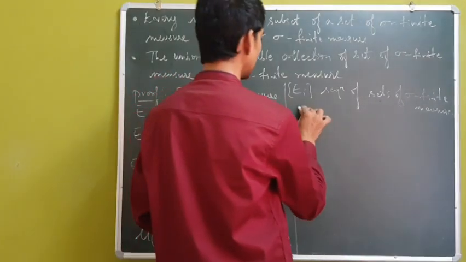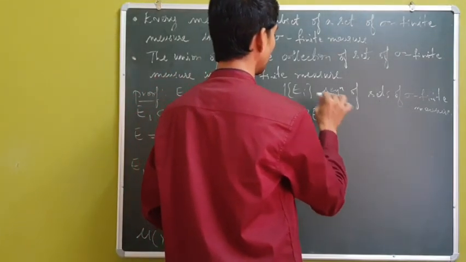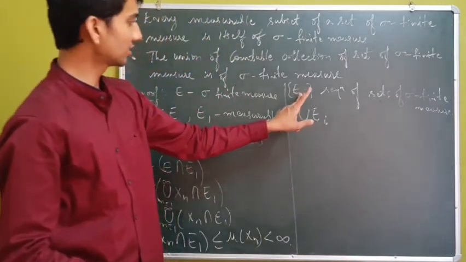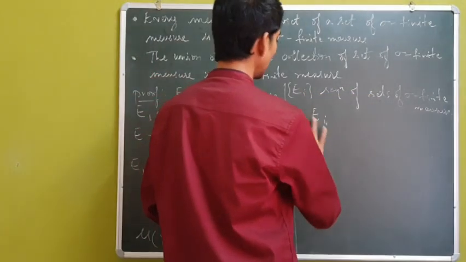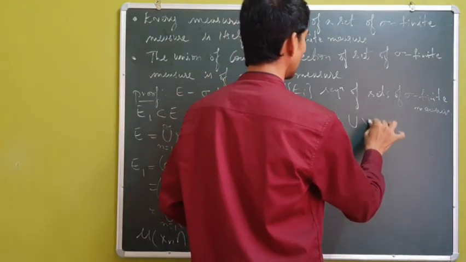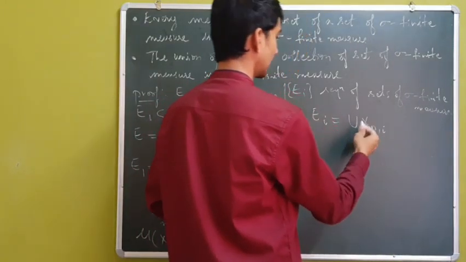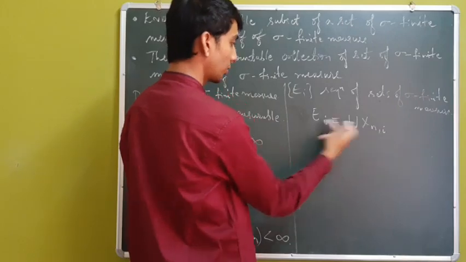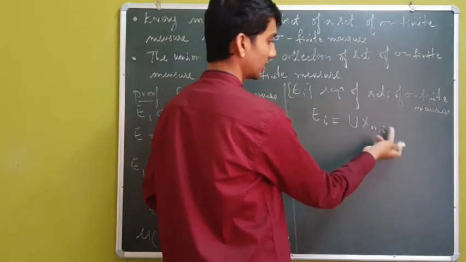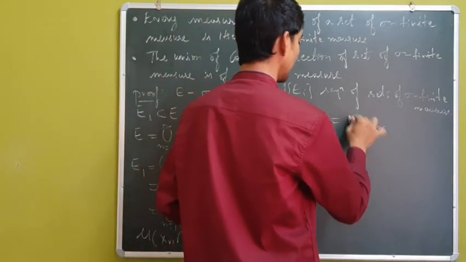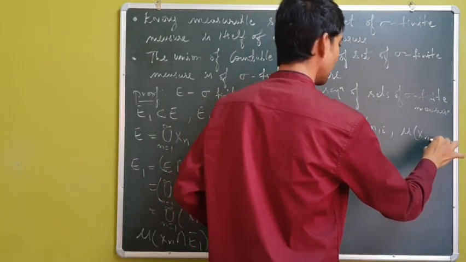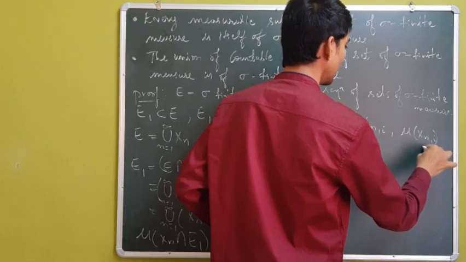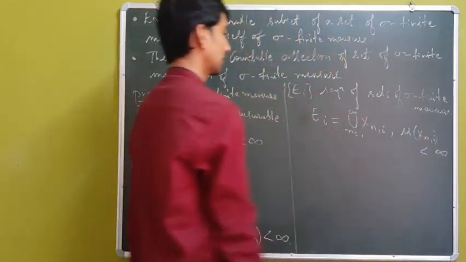So if I consider the union of Ei's, since Ei's are sets of sigma finite measure, first of all each Ei is a union of Xn,i, where n runs from 1 to infinity, along with the measure of Xn,i being finite.